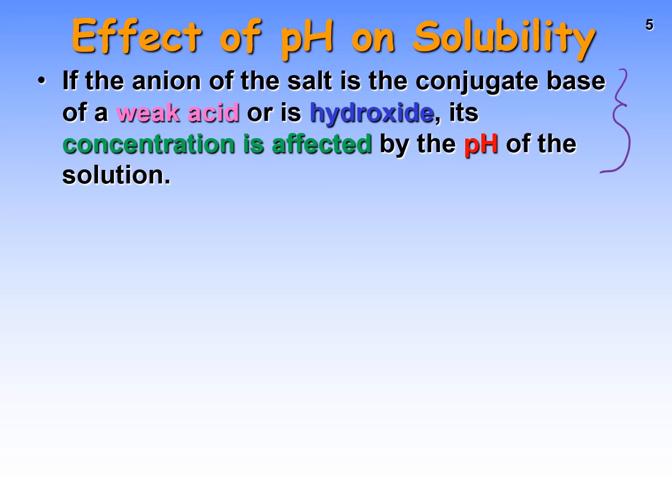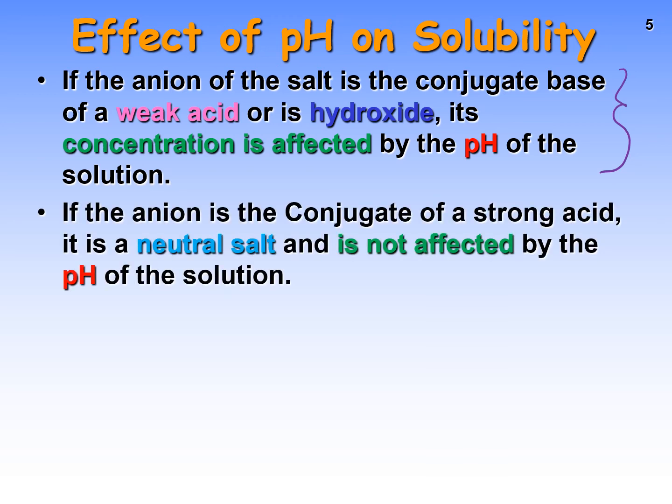If the anion of a salt is the conjugate base of a weak acid or it is a hydroxide, then it is a basic salt. And if we have a basic salt, the pH is going to affect the solubility of that salt. If the anion is the conjugate of a strong acid, then it's a neutral salt and is therefore not affected by pH.